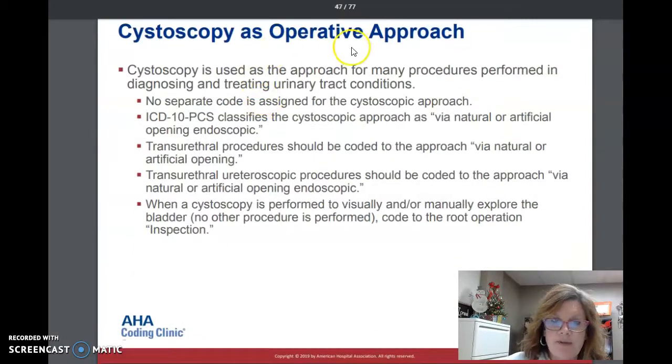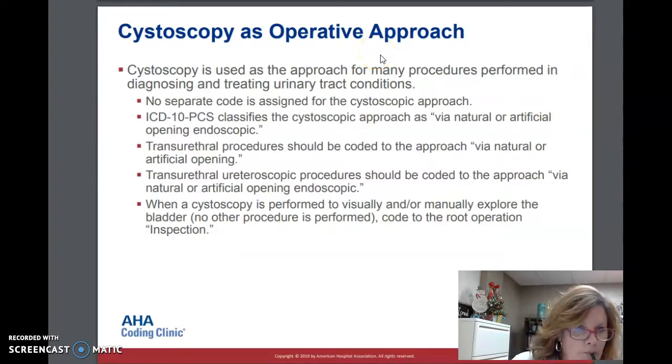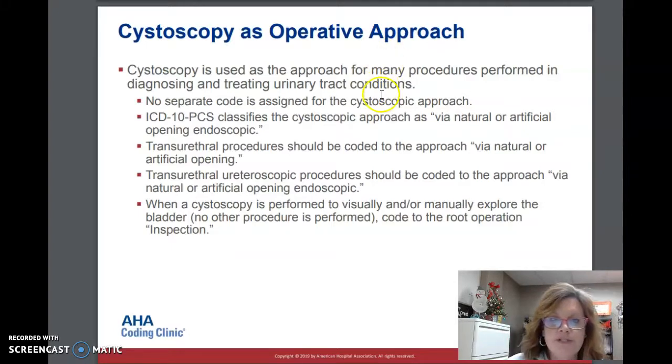Okay, cystoscopy versus as operative approach. A cystoscopy is used as an approach for many procedures performed in diagnosing and treating urinary tract conditions. No separate code is assigned for the approach. Your ICD-10 says that the approach is via natural or artificial opening.